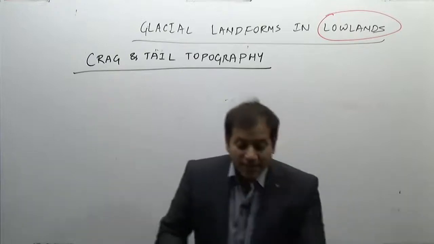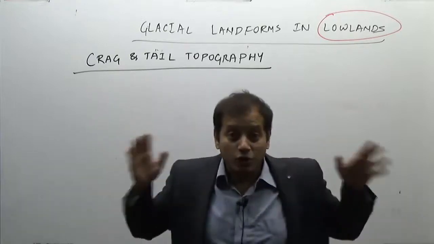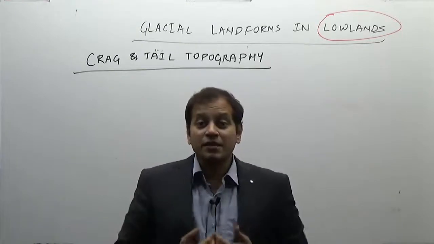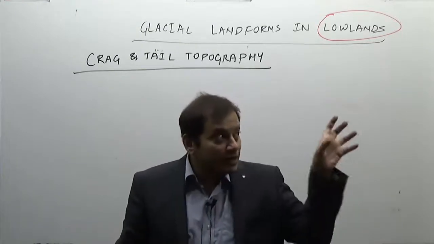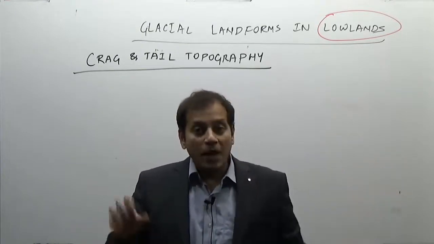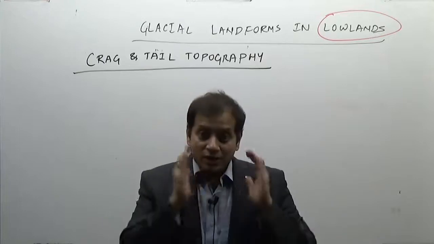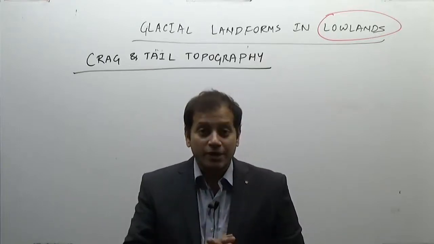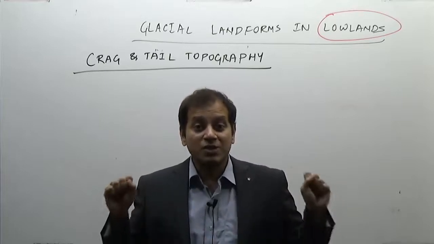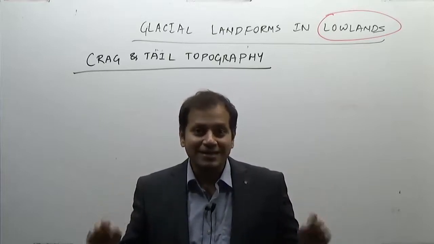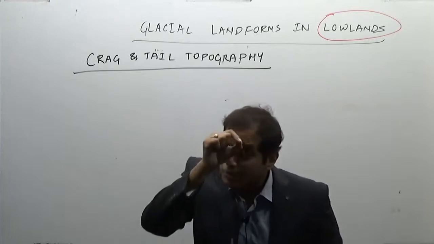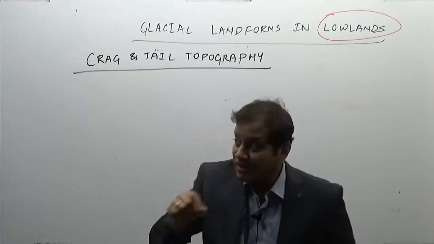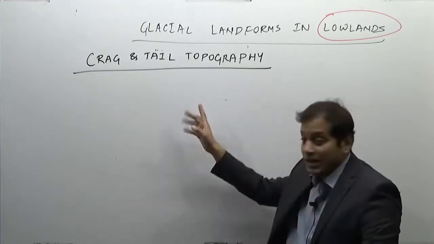There is a rock which is very resistant and therefore cannot be removed, and therefore it is called a crag. This individual rock protects the other side from getting eroded. Why? Because it serves as a strong barrier against a glacier. As a result, the glacier deposits sediments, giving rise to a gentle slope known as a tail.